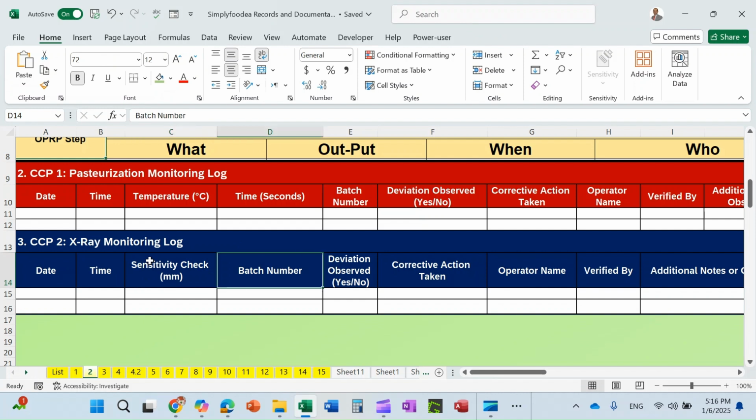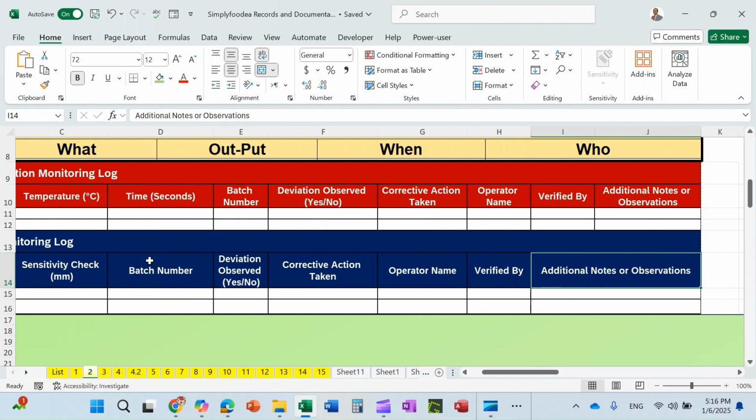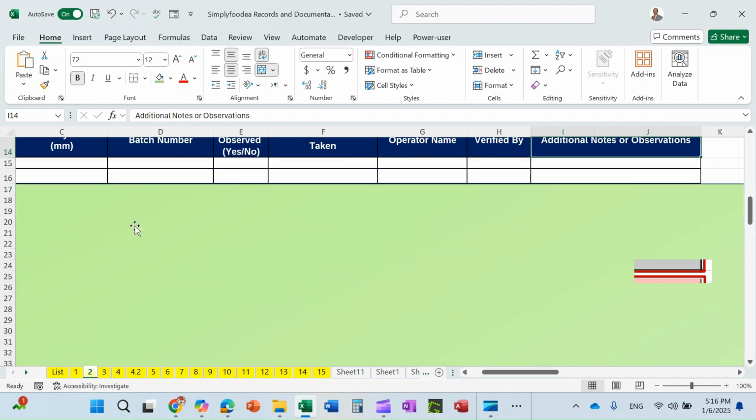The batch number is very important, to ensure whether any batch passed through the CCP checking point or not. Then the deviation, any corrective action taken, the operator name and verification by whom, and any additional notes or observations.